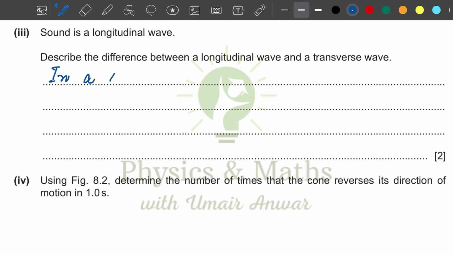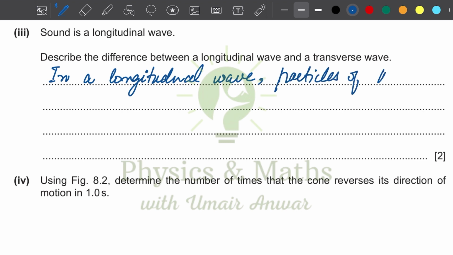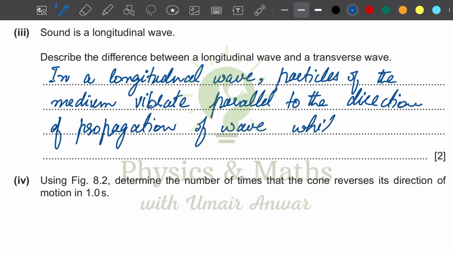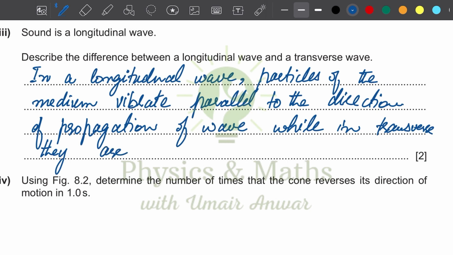So in a longitudinal wave, particles of the medium vibrate parallel to the direction of propagation of wave, while in transverse they are vibrating perpendicular.